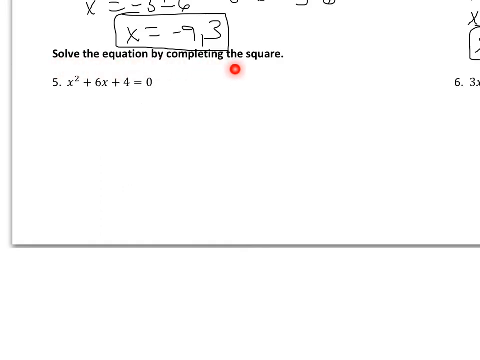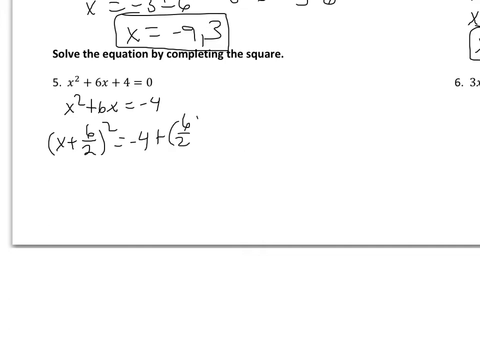Here it says solve the equation by completing the square. Well, we have this c here, but it doesn't factor. So what we have to do is move it over to the other side. So you get x squared plus 6x equals negative 4. Now we go x plus b divided by 2 squared equals negative 4 plus b divided by 2 squared, adding that to both sides.